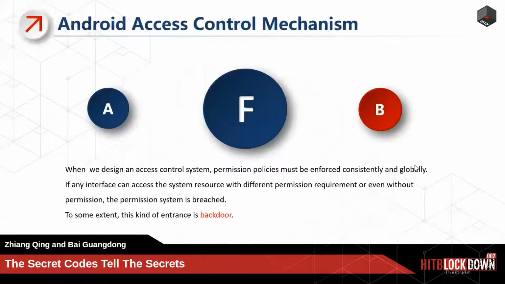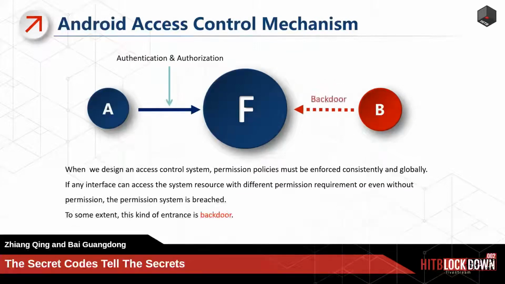When we're talking about the access control system, one thing we need to make sure of is that when you protect a particular sensitive object, the permission policies must be enforced consistently and globally. What do I mean by this? Let's say you have a very sensitive service, and through the normal user interface, you have very comprehensive control of authentication and authorization.